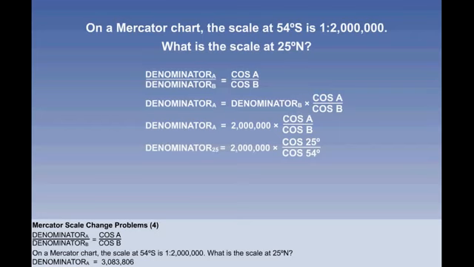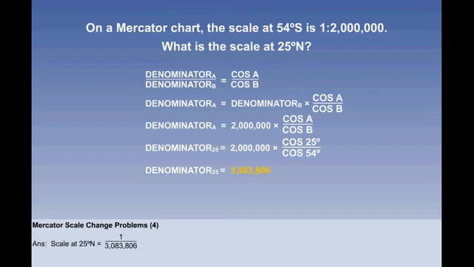It gives precisely the same answer as the other method, about 3.1 million. That's the denominator. Don't forget to write it down as 1 over in order to make it a representative fraction, which is what the question asked. This is a lot quicker than the other method.